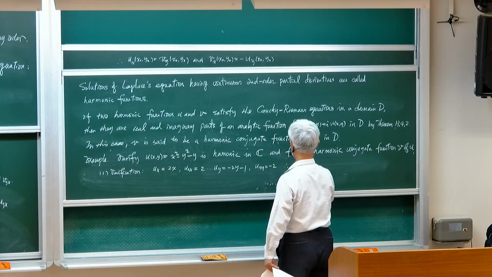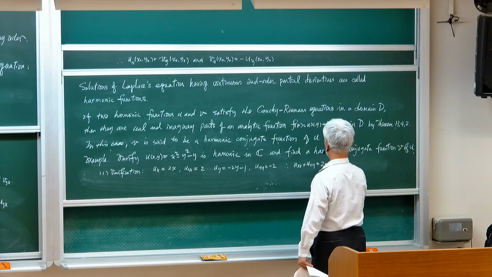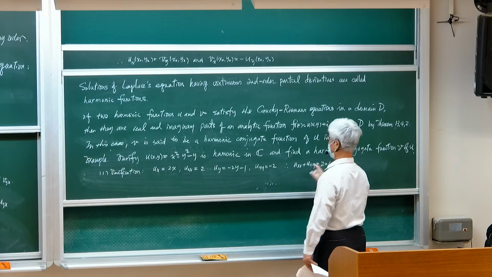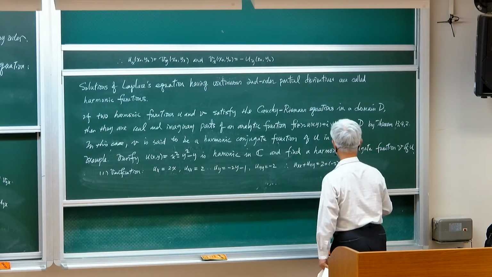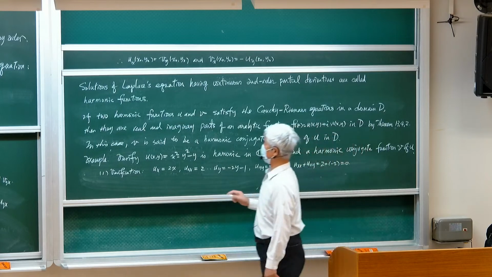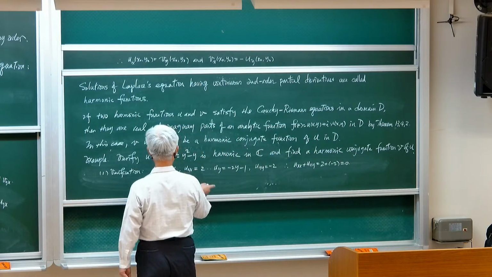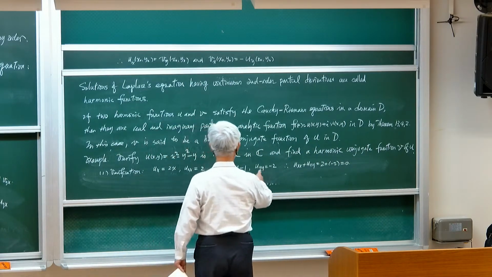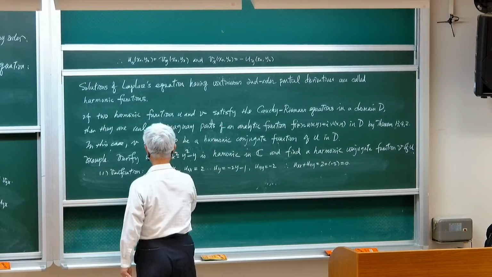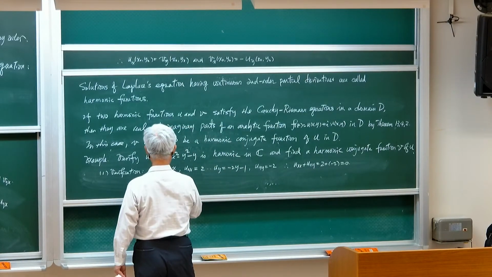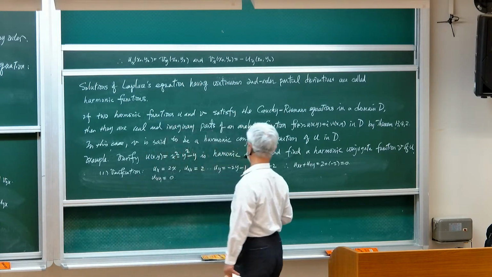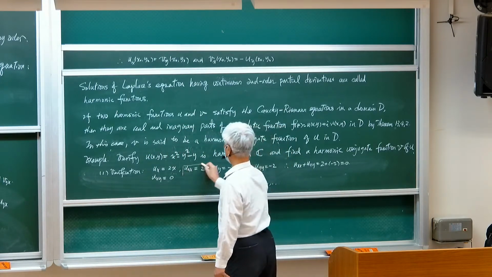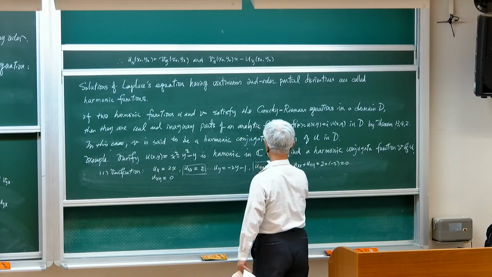So u_xx plus u_yy equals 2 plus minus 2, which is 0. Also u_xy is equal to 0.